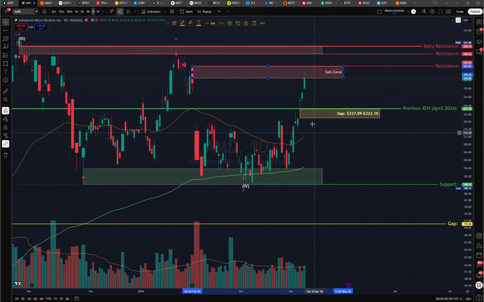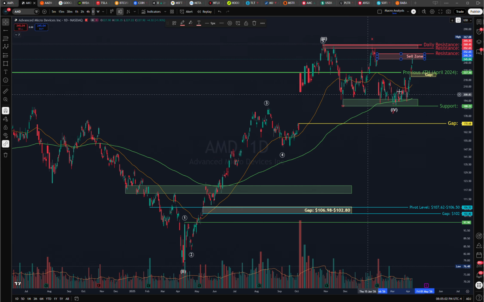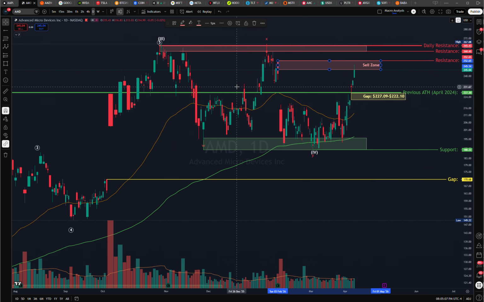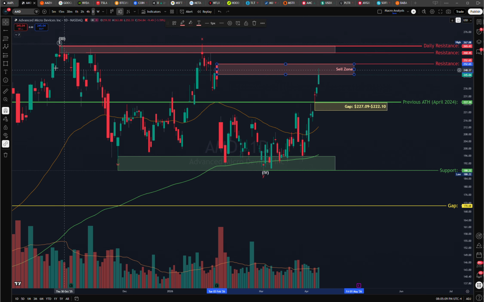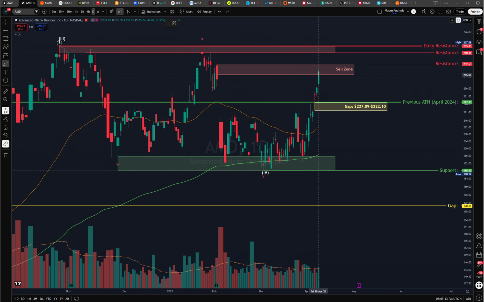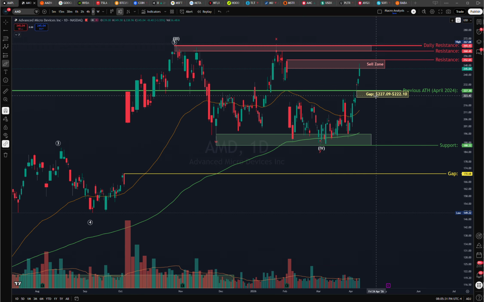Because if we get a pullback at this level, and the previous all-time high is right over here, which AMD is above, at least I would want to see some sort of reaction where AMD could come back down, fill this gap, then move back up, reclaim this level here, and push to the upside. That would be an ideal situation if you're bullish on AMD.